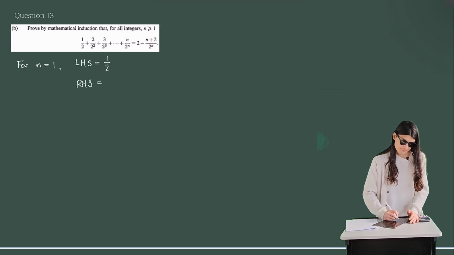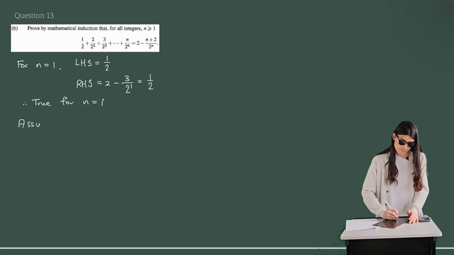Your right hand side, 2 minus 1 plus 2, which is 3, over 2 squared, 2 to the power of 1, which you also get half from. So therefore, left hand side equals right hand side. The statement is true for n equals 1.